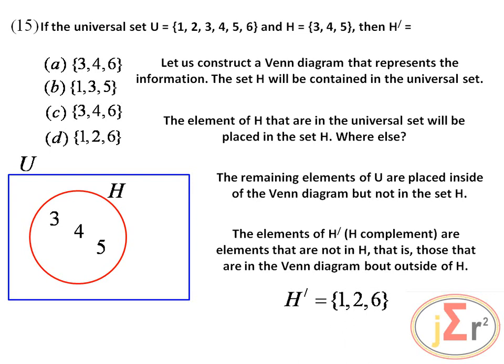H complement is equal to the set that contains 1, 2, and 6. The correct answer is option D.